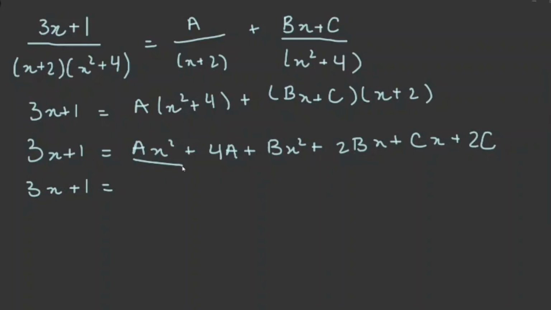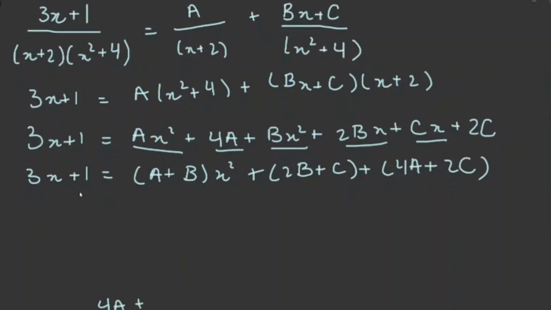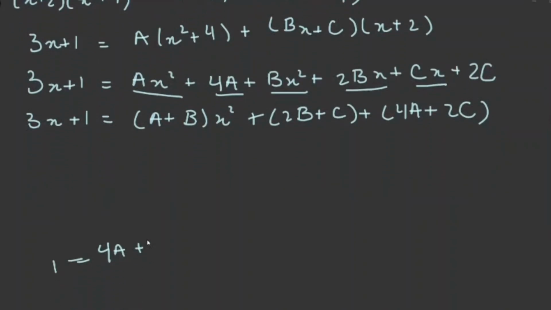So for x squared we have these, which we separate out its coefficients, and then for x we have these two, so we take out its coefficients. Then for the constants we have 4a and 2c.